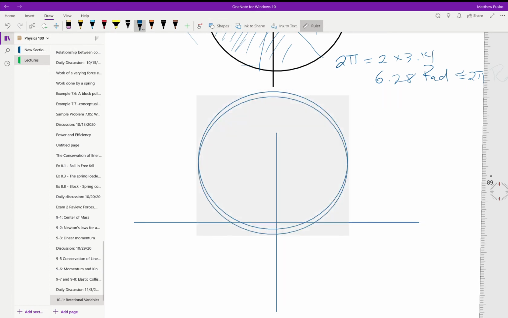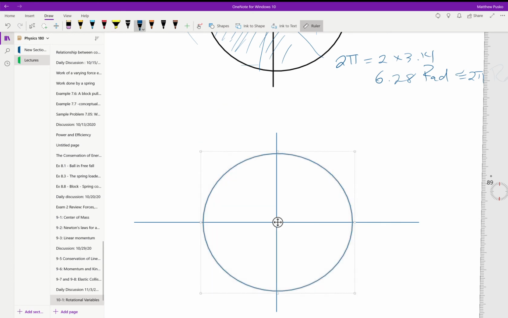If we look at some point P and it moves to some point P prime, it initially had some angle theta. We can call this theta 1. And then it moved along its circular path, right? This is uniform circular motion stuff, so it's a circular path.